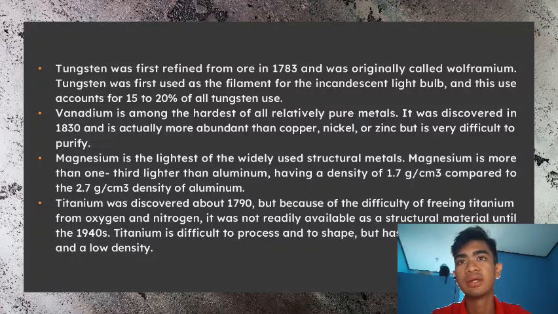This gives titanium the desirable property of having a high strength to weight ratio. It is the strength to weight ratio that makes titanium alloys desirable for aircraft and spacecraft applications. Because of its natural corrosion resistance, titanium is also used in the chemical process industry and for orthopedic implants.